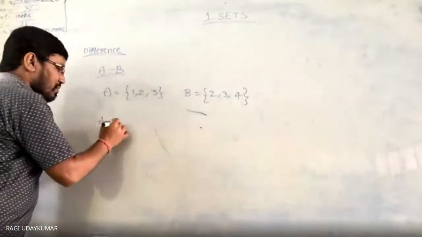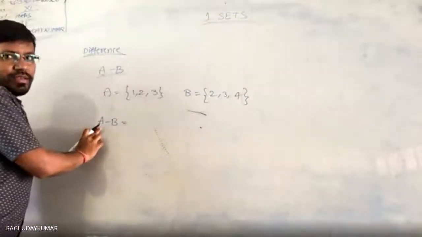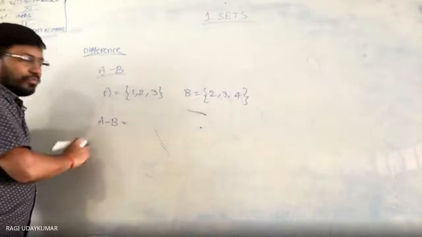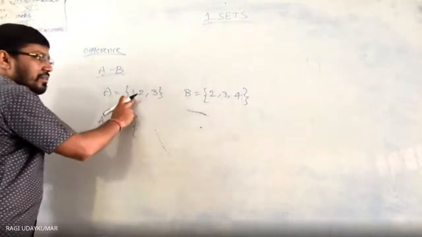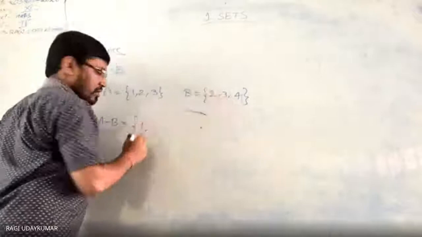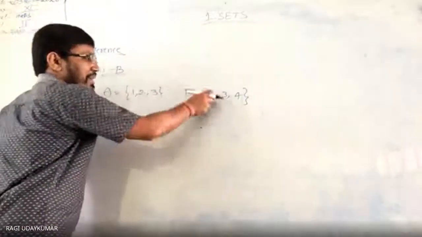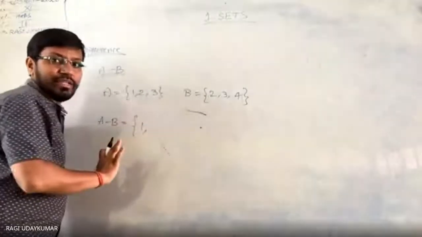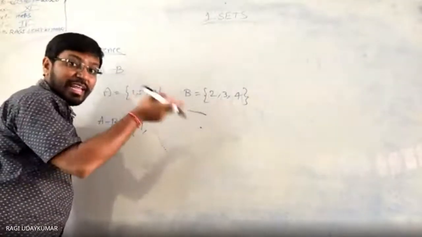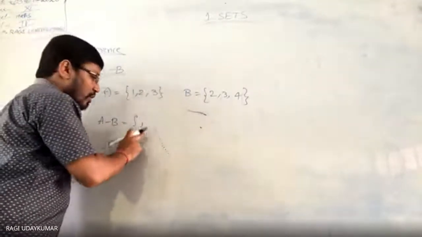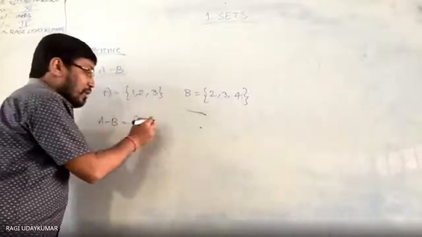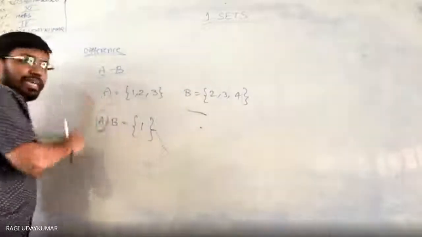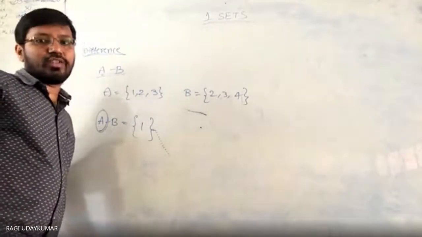A minus B is nothing but the elements of A which are not in B. 1 should be taken. 2 and 3 are in B, so they are not taken. 4 should not be taken into consideration because 4 is not an element of A. Then only we call it A minus B. This is for the difference of the two sets.